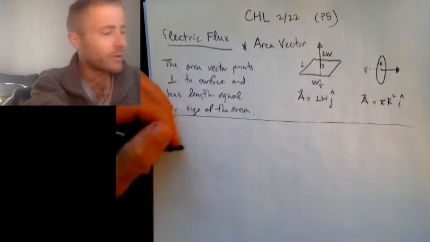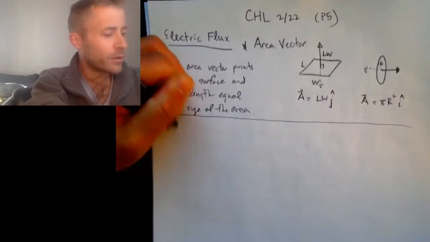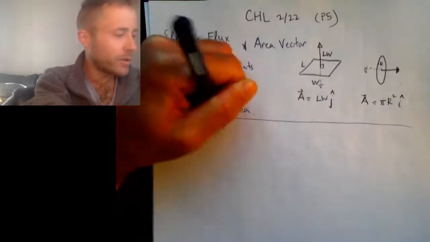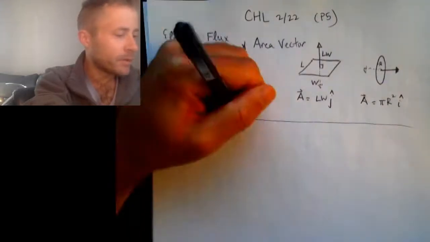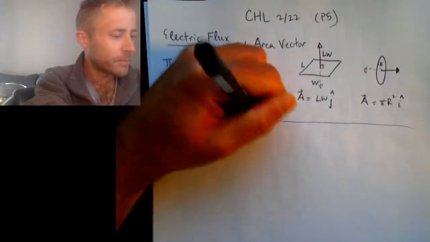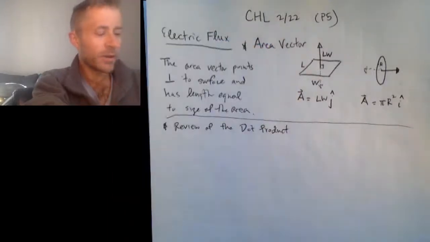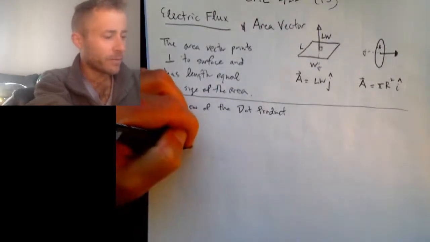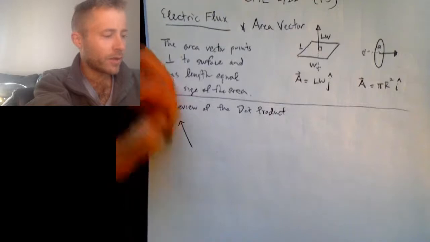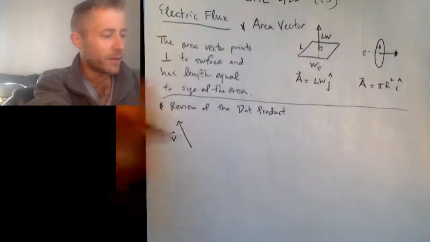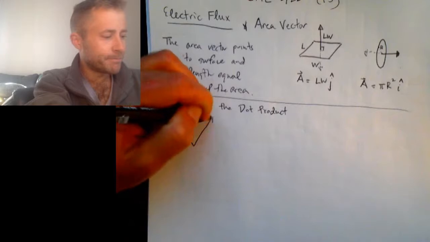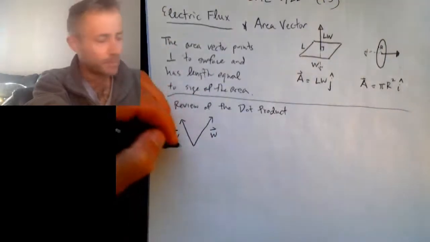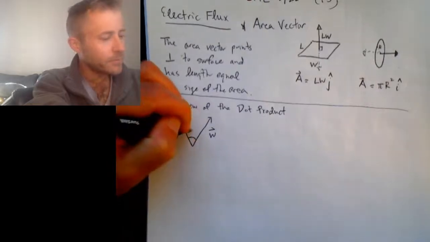The next thing I wanted to do is a quick review of the dot product. Okay, so if you have two vectors, let's say v and w, there is some angle between them, which I will call theta.